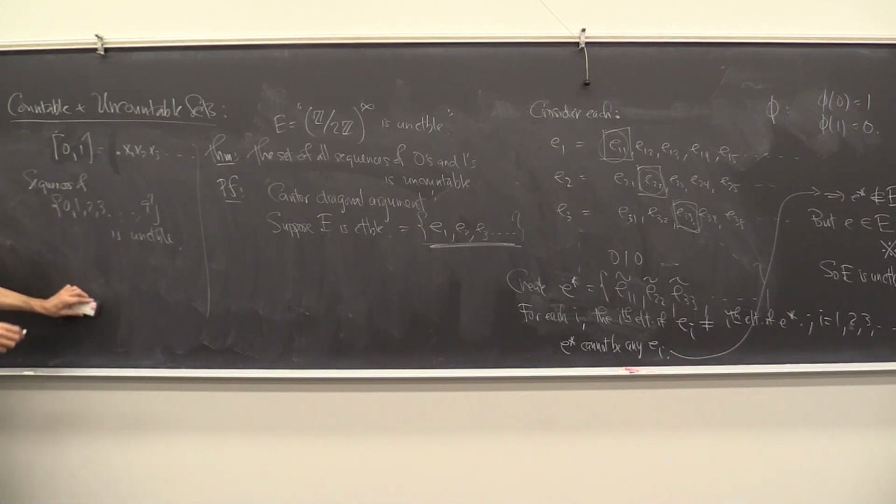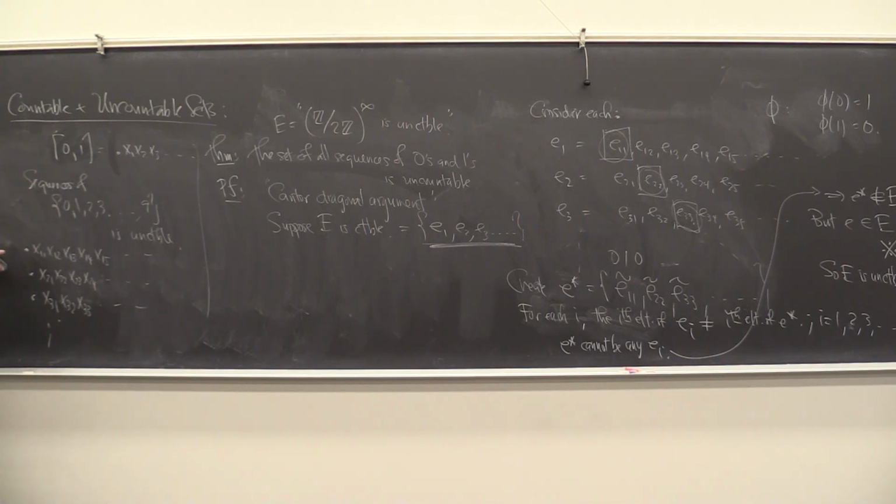Suppose it's countable, then make a list of them. There'll be some first number, some second number, some third number, and so on and so forth.